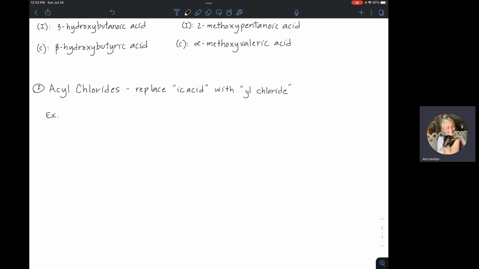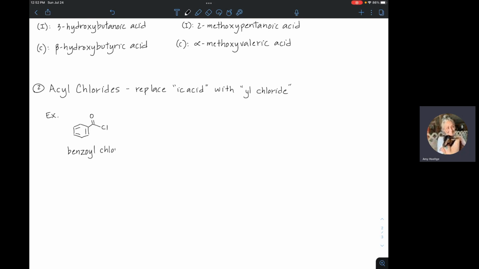I have a derivative here of benzoic acid. And instead of benzoic acid, we're going to drop the ic acid and we're going to put yl chloride. We call this benzoyl chloride.